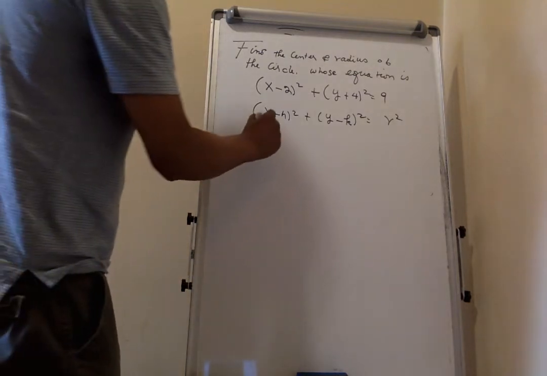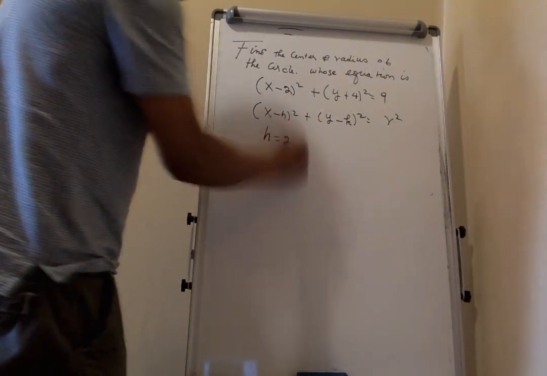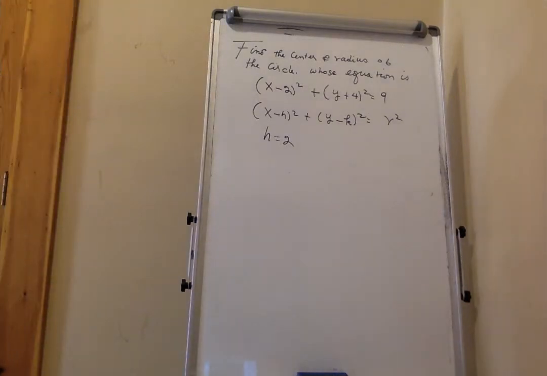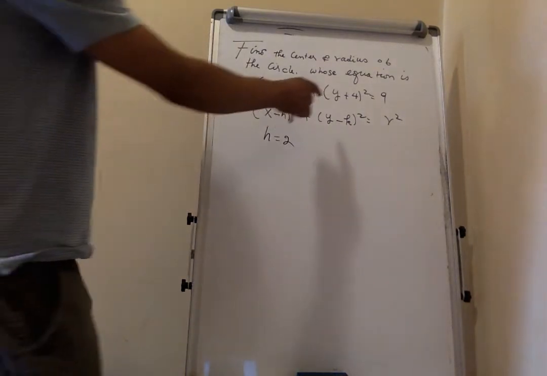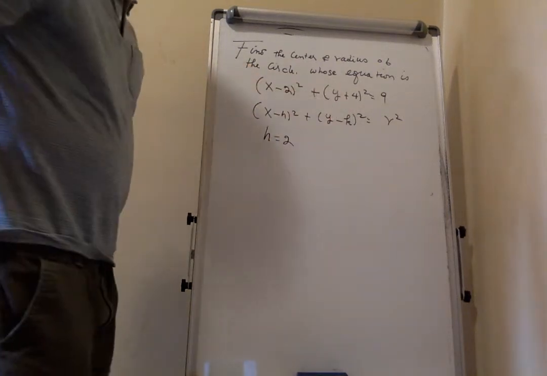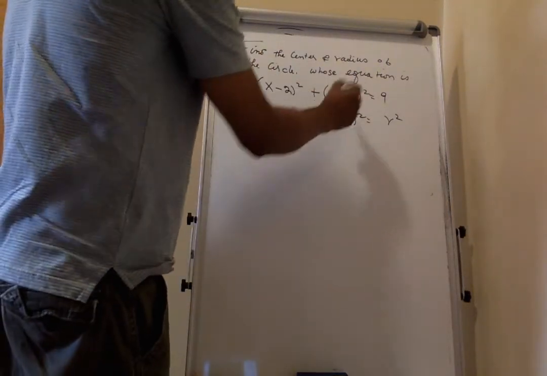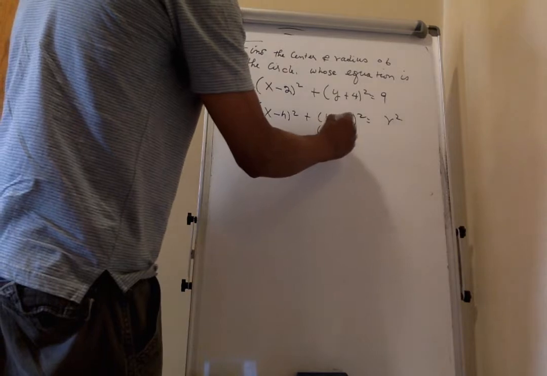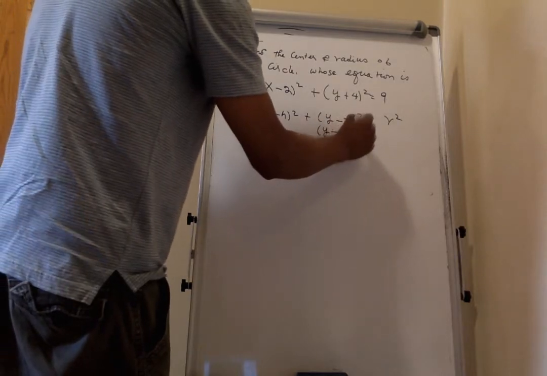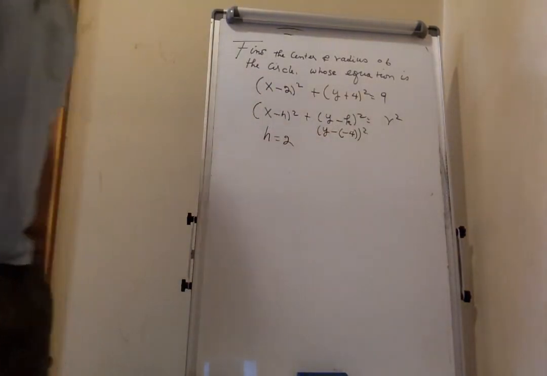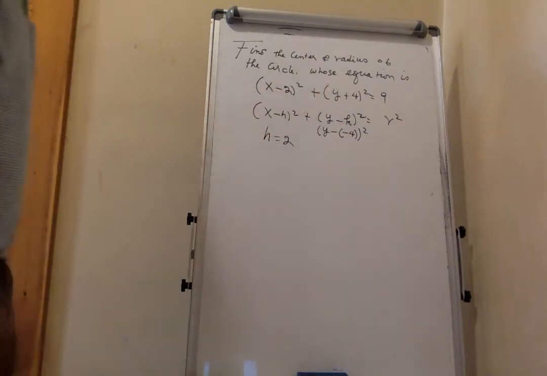So if that is the case, then your h is 2, the x coordinate of the center. Be careful of the k. Since we have y plus 4, if I want to write y plus 4, it would be y minus -4 squared, because you have to have the minus, not the plus.